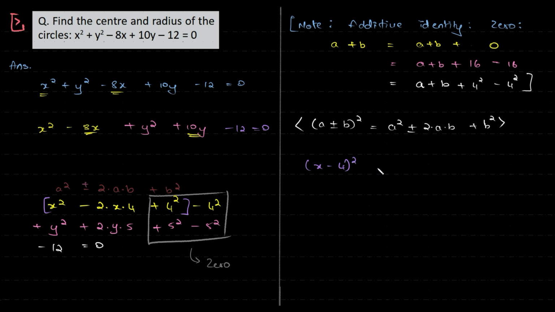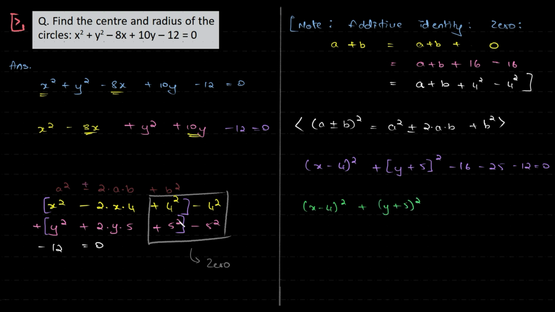Then we can write this set of expression again as y plus 5 the whole square. Then we have minus 16 minus 25 minus 12 is equal to 0. Okay, and finally we have x minus 4 the whole square plus y plus 5 the whole square.